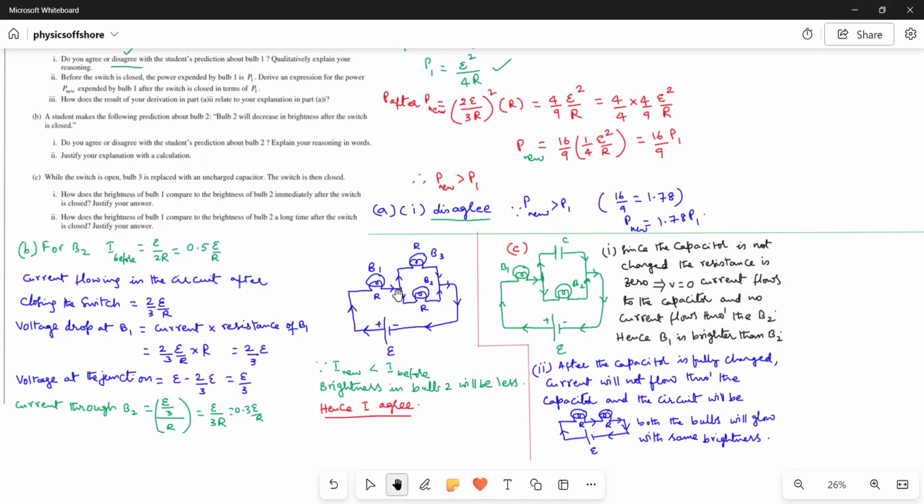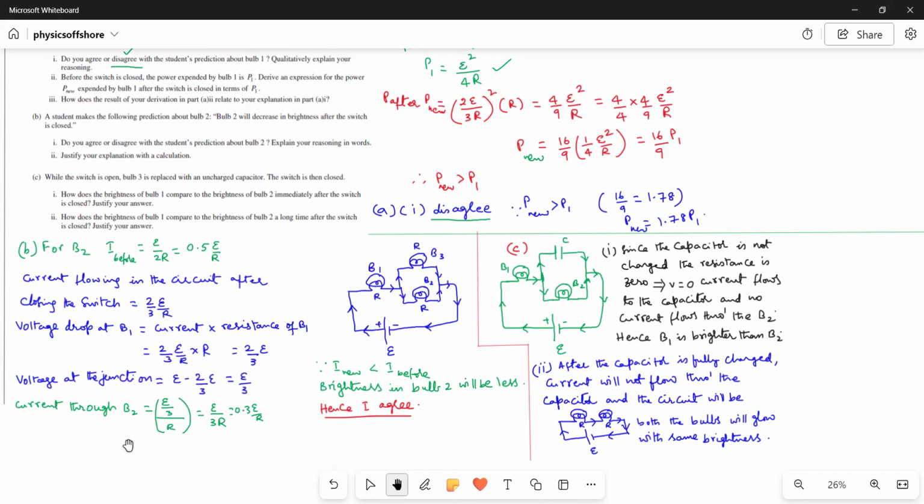The voltage will be the remaining voltage, the original voltage minus the potential drop at B1. So we have to deduct this voltage drop at B1 and then the remaining will reach the junction. So E minus 2 by 3 E is equal to E by 3. That is the voltage at the junction.